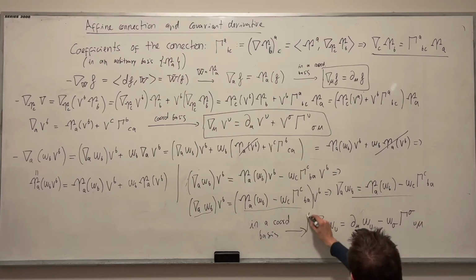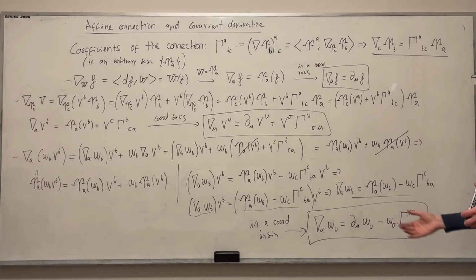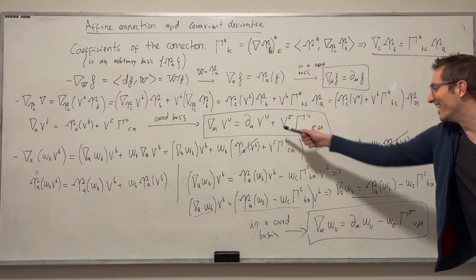All right. So this is the covariant derivative of a one form in a coordinate basis. The components of the covariant derivative of one form in a coordinate basis. Notice the difference in sign.